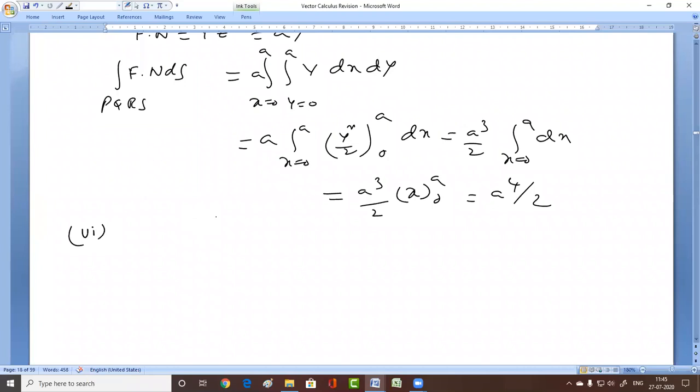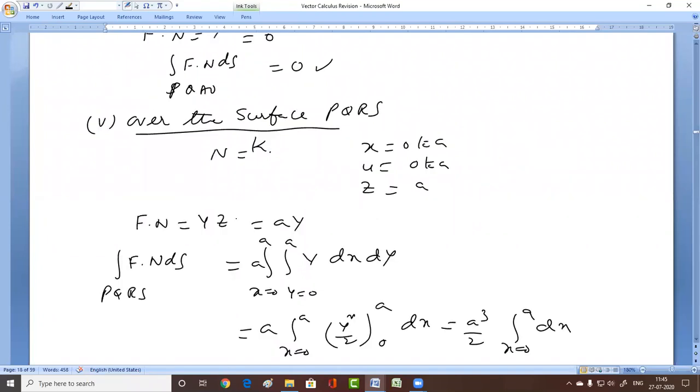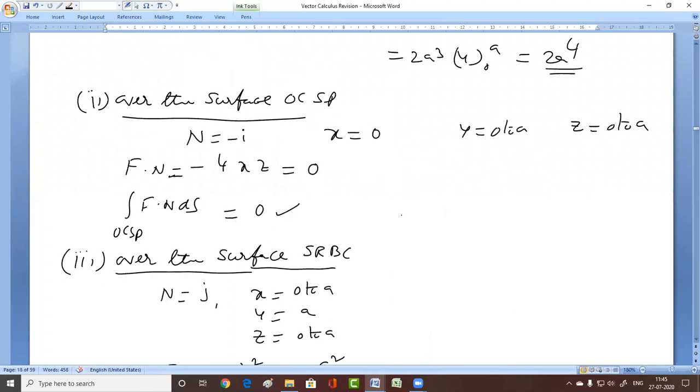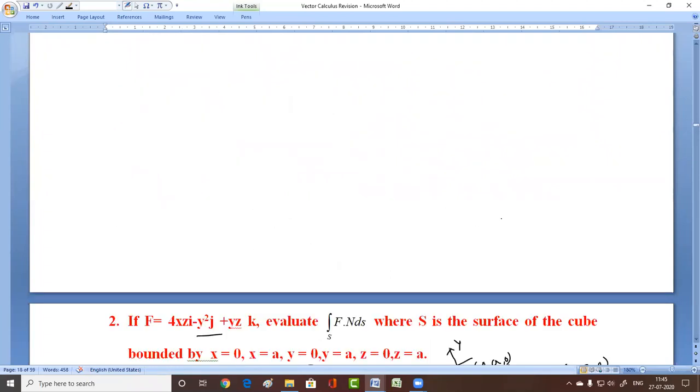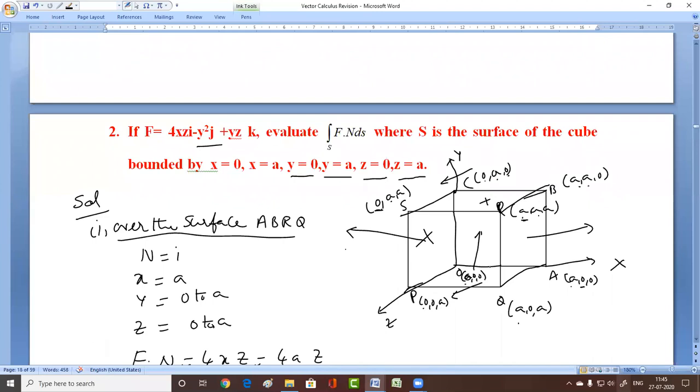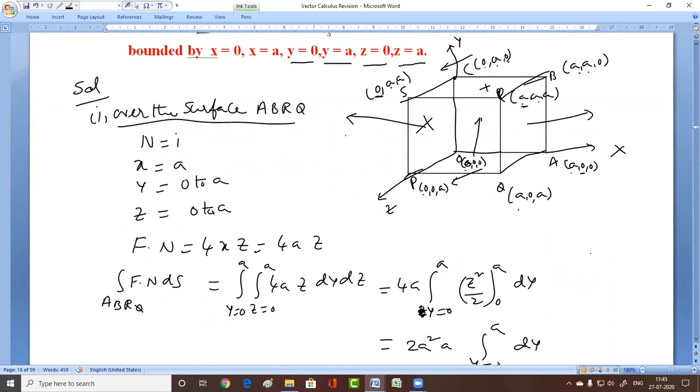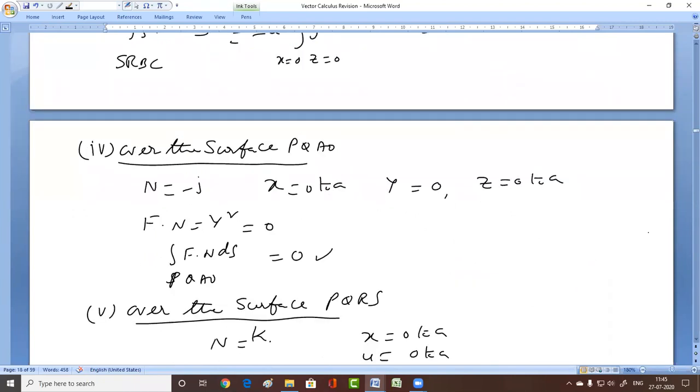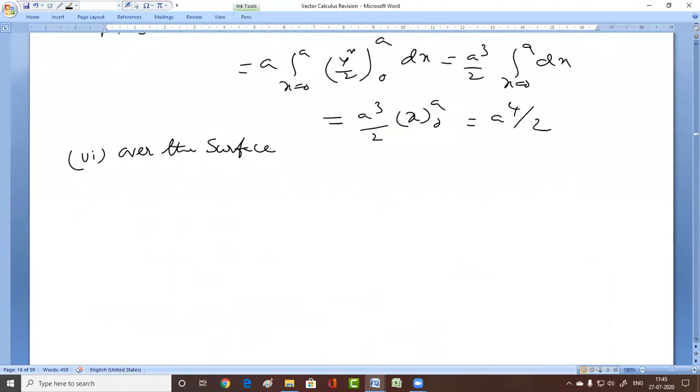Now the last surface. Over the surface, the back side of the cube, OABC. n equals minus k.